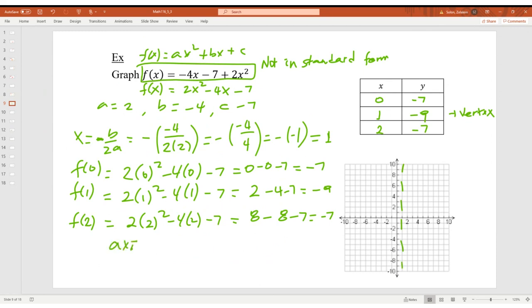The axis of symmetry is the x value of the vertex, which is x equals 1, and the vertex is at 1 comma negative 9. So you locate that first. 1 comma negative 9 is right here.